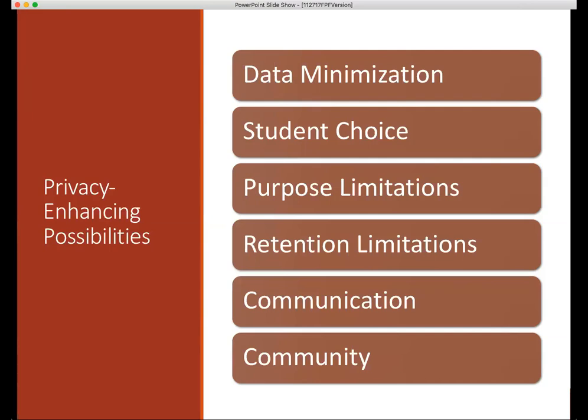And some of this, again, may be in terms of collection, use, or retention. Purpose limitations is how many states are currently approaching privacy in a post-FIPPs era, as well as the Commission on Evidence-Based Policymaking.